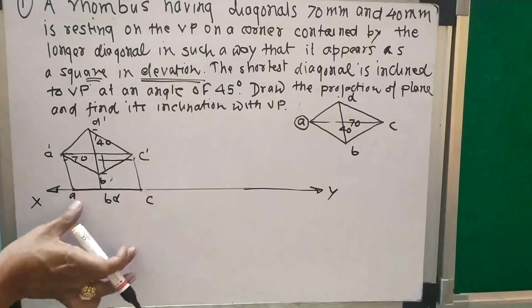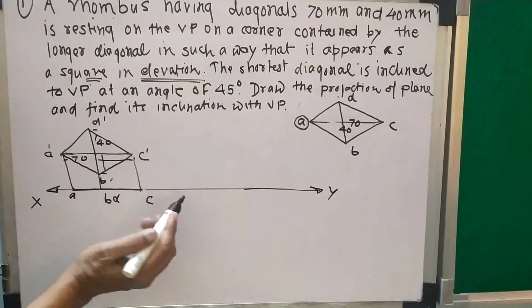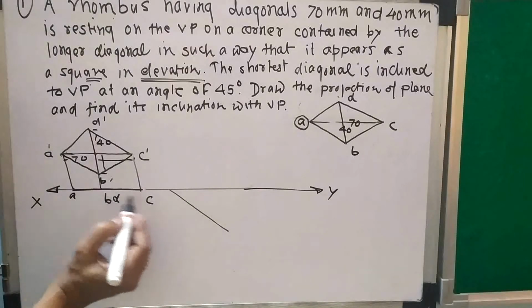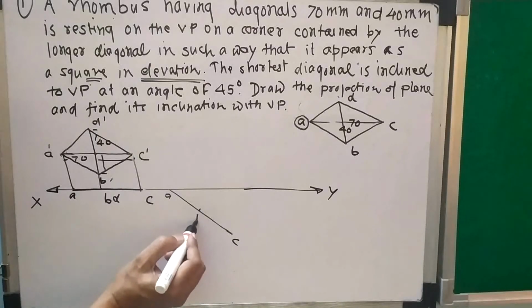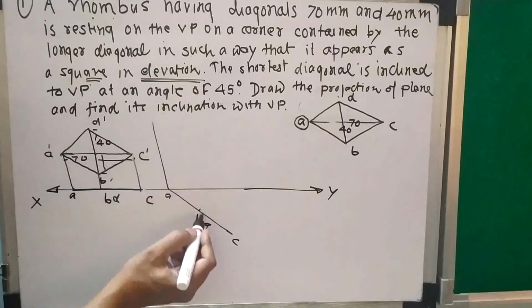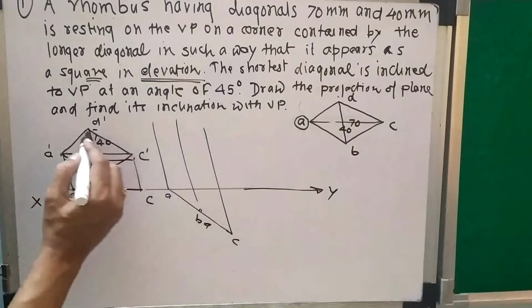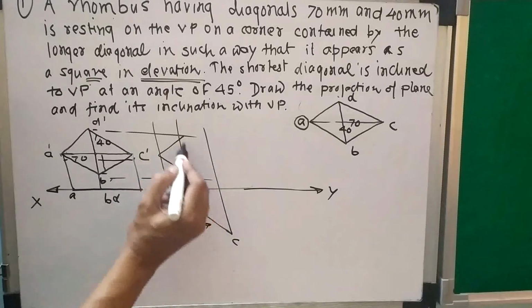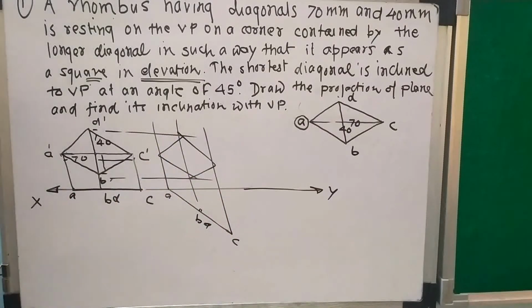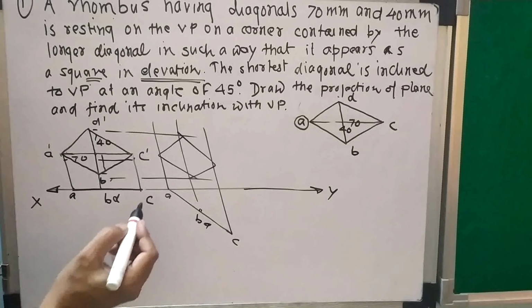So when we make this surface inclined, then in the front view, that is in the elevation, it appears as a square, right? When it appears as a square, then what observations will you get?